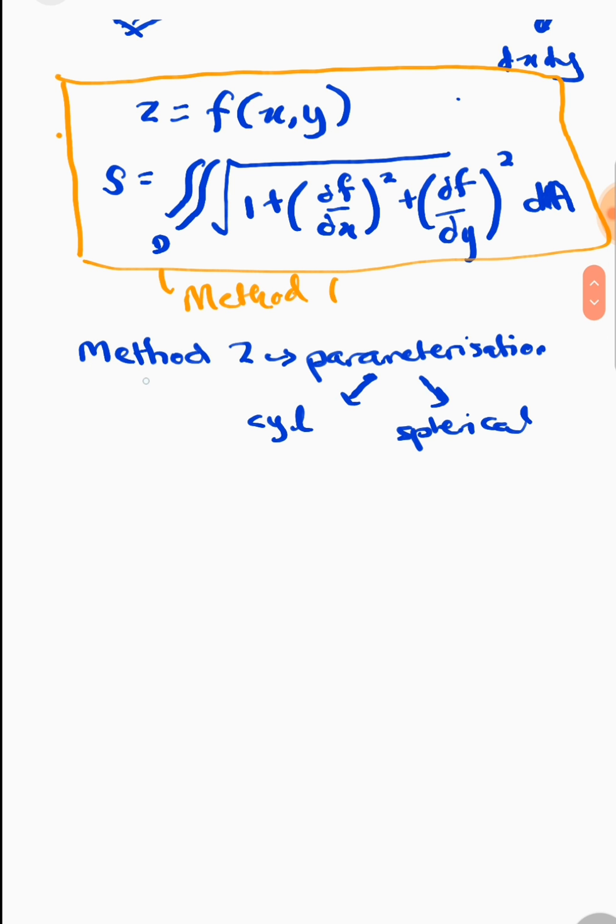Usually, as I will show you later, method 2 is used mostly on cylindrical and spherical shapes. But that doesn't mean you can't solve these surface integrals using method 1. You can still do that, only that at your dA later you will need to convert it into its equivalent polar coordinates, because for cylindrical and spherical shapes, it's not just x, y, z. You need to change it to your r cos phi and so on.